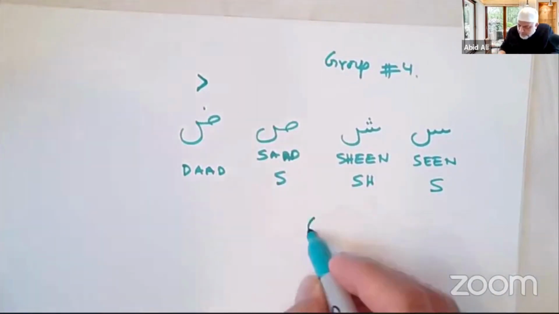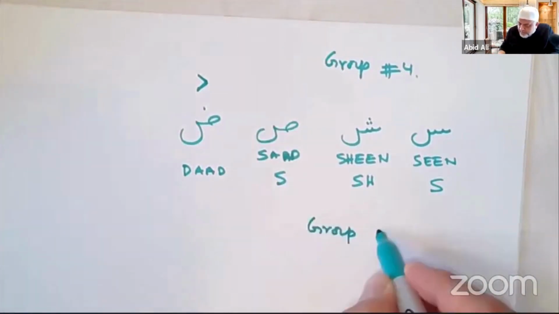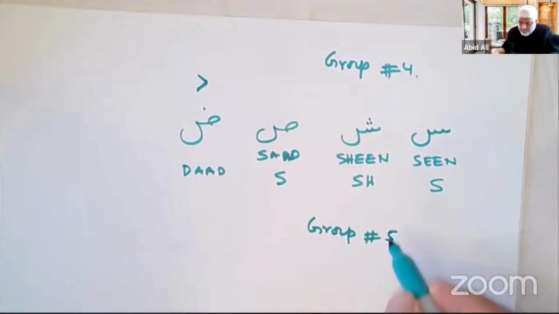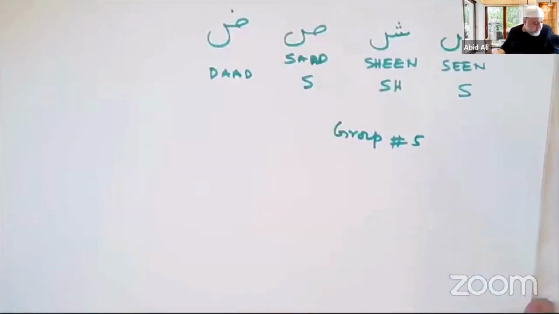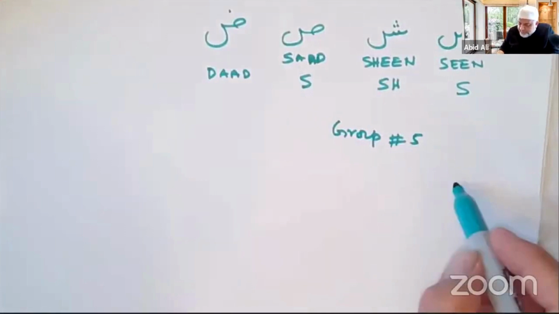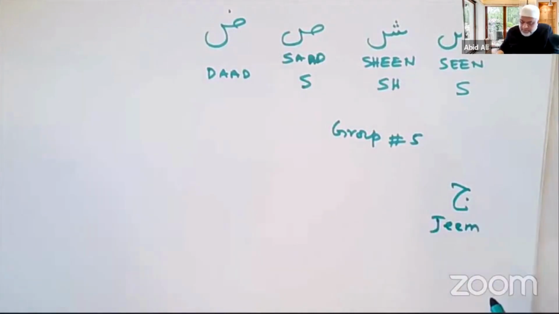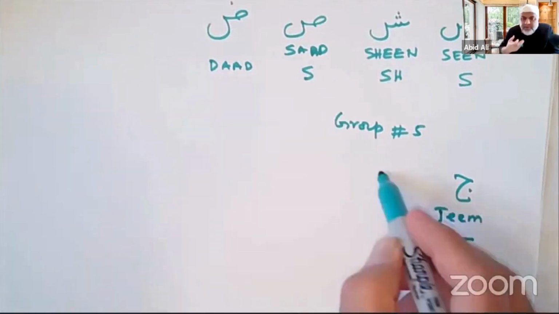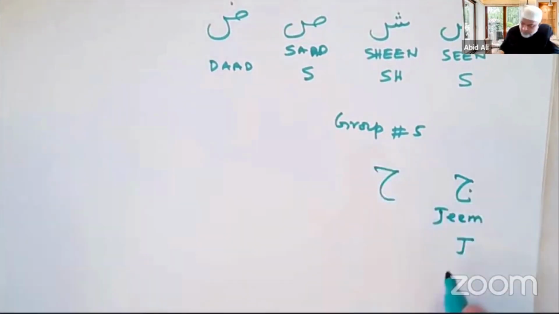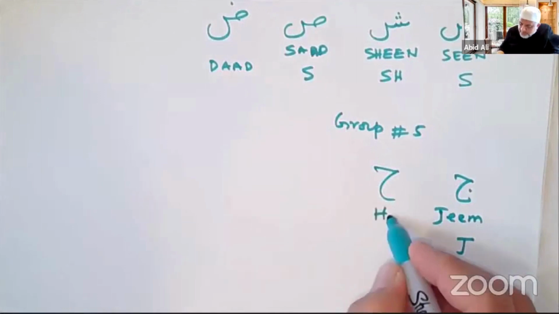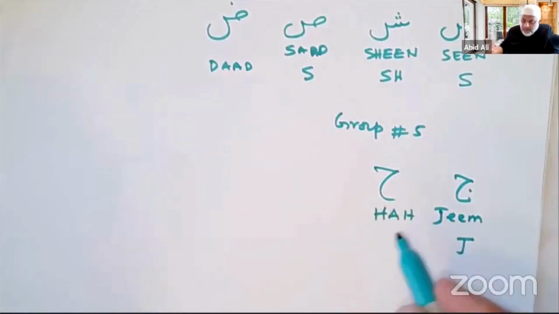Now let's talk about group number 5. Group number 5 is Jim. If you want to write it in English, it will be like Jeep, and the letter is J. Then ha, from your throat, is called ha, or there is also ha.